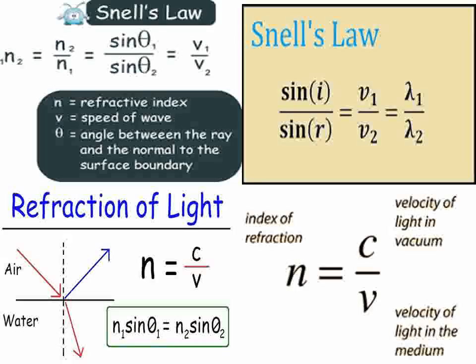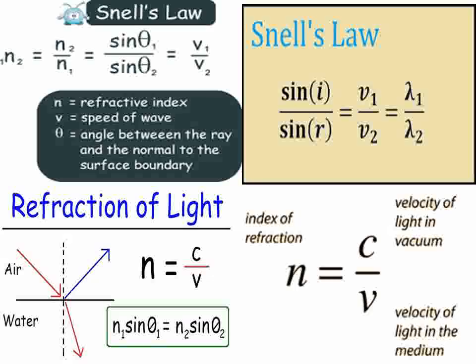Snell's law can be written like this also. n12, meaning the refractive index of second medium 2 with respect to first medium 1, is equal to n2 divided by n1, is equal to v1 upon v2, and with angle of incidence theta 1 and angle theta 2, therefore it is sine theta 1 divided by sine theta 2.